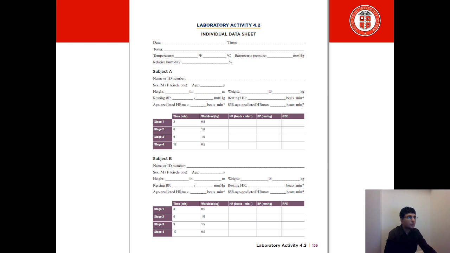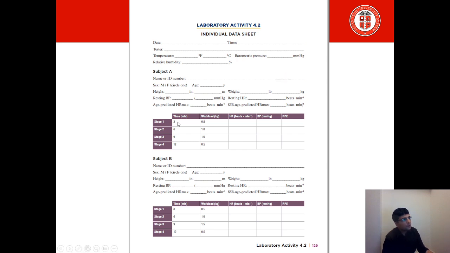It's a good idea to do it in a group of 4 or 5, so that one person is the subject doing the exercise, one person records the heart rate using the radial pulse, another records the blood pressure on one arm, and one holds the RPE, or rating of perceived exertion, card, asking the person how exhausted he feels while doing the exercise.